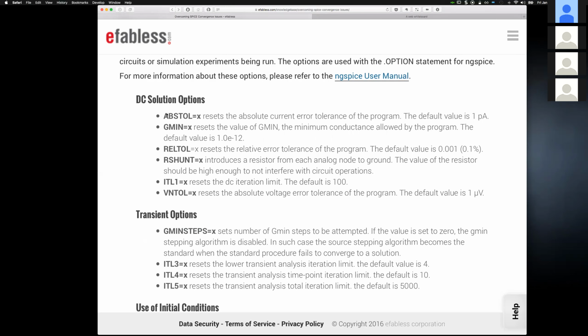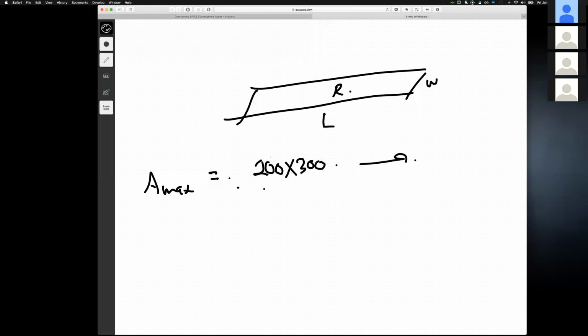Some of the options that we picked here, depending on the analysis you're doing, are the AppStall, the Gmin, the real toll, the R shunt, and ITL1 and D and toll. As explained here, AppStall is the absolute tolerance value, and there is a default value for that. Sometimes you cannot converge because you cannot get within the tolerance value, so relaxing that may help. But again, relaxing it too much is a risk.